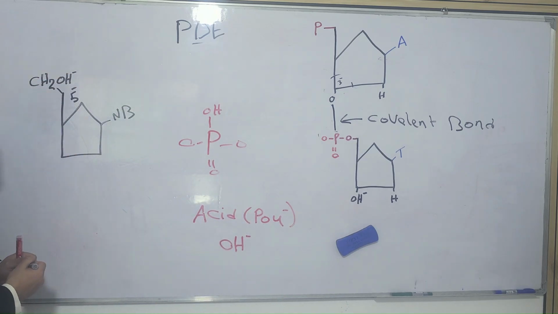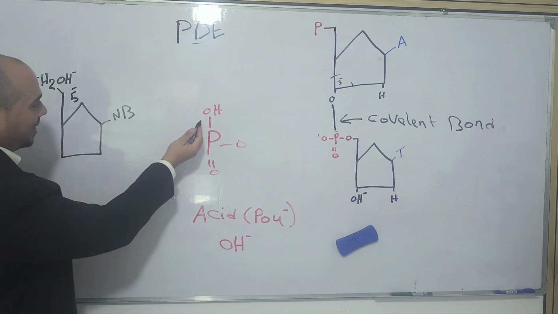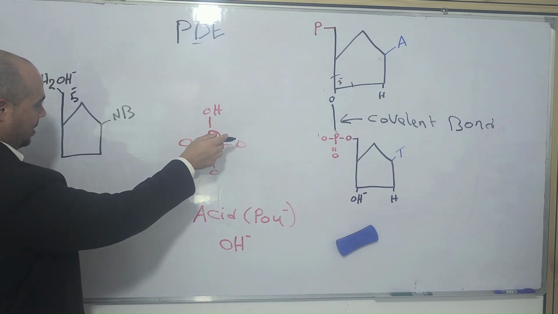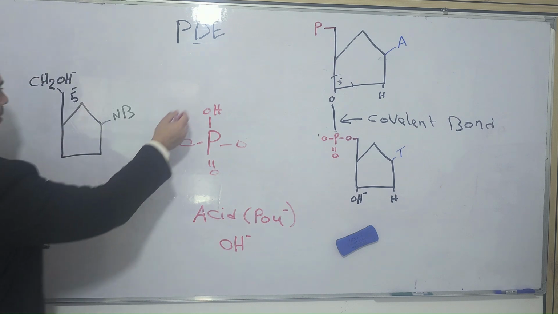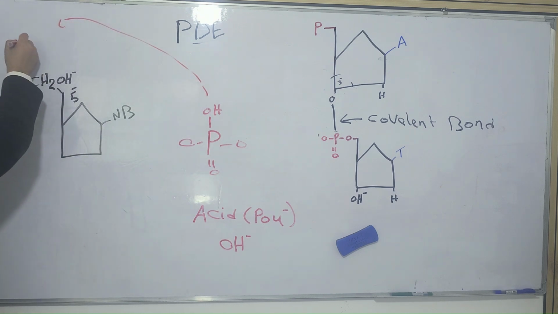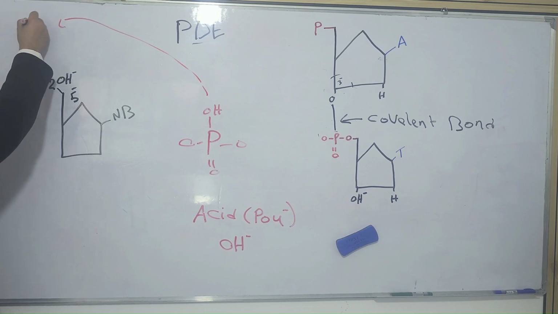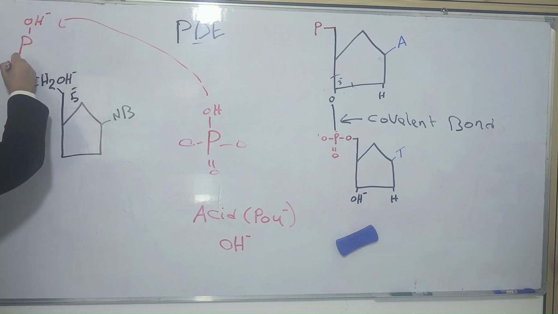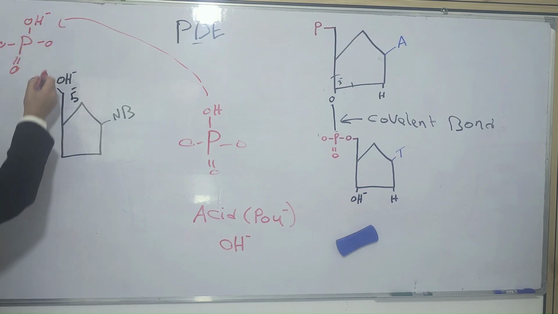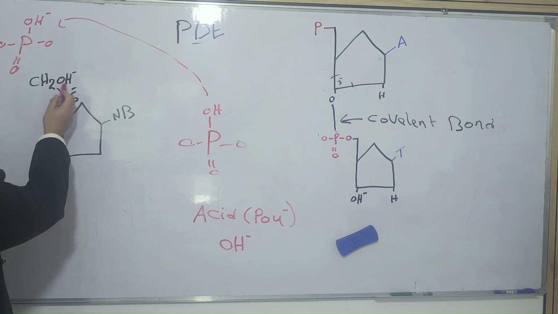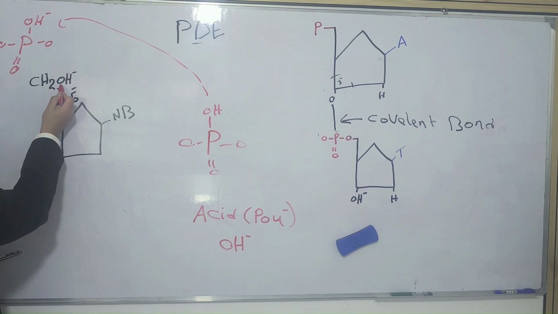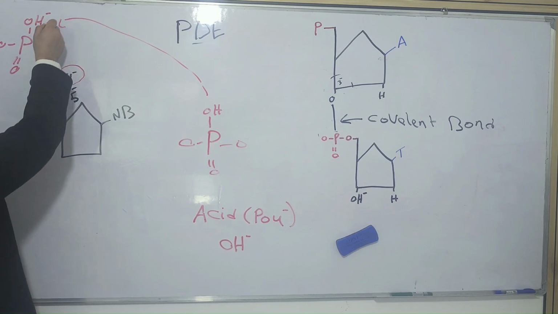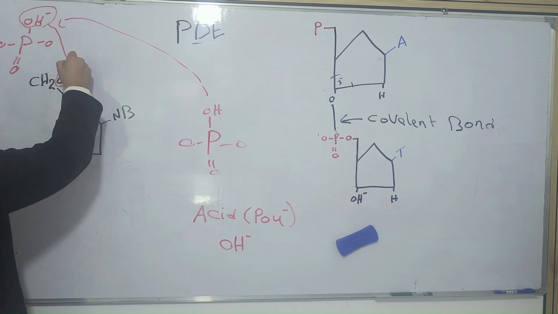And so you would imagine that when I transferred, via the kinase, this phosphate group right here, the hydroxyl group of the phosphate is going to interact with the hydroxyl group of the CH2OH at the 5' end, and these are going to react with one another.